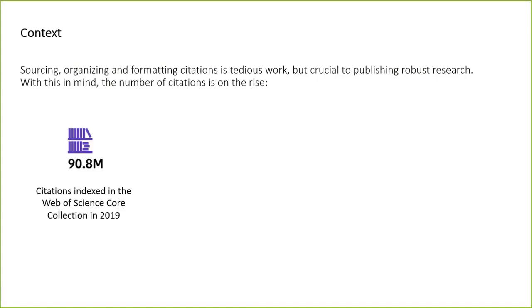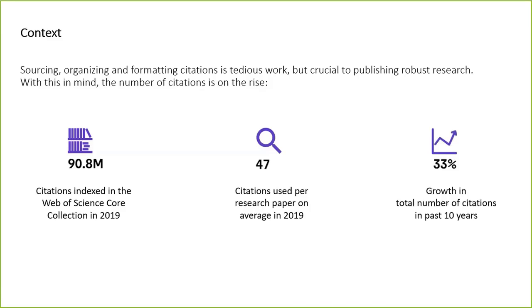That's the number of citations indexed in the Web of Science core collection in 2019 only: 90 million citations indexed in the platform. 47 is the average number of citations used per paper in 2019, and this number increased by 33% compared to 2010. So obviously, people cite more.